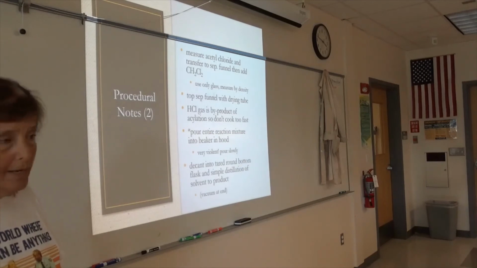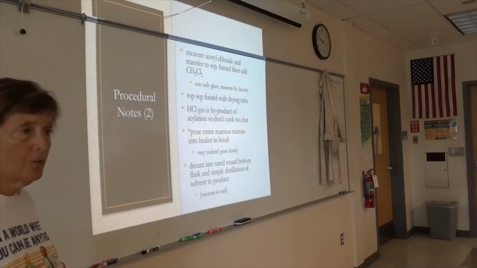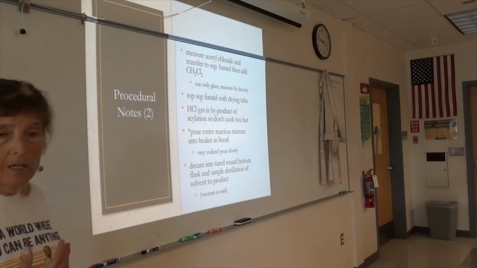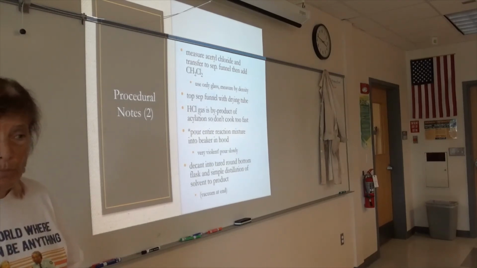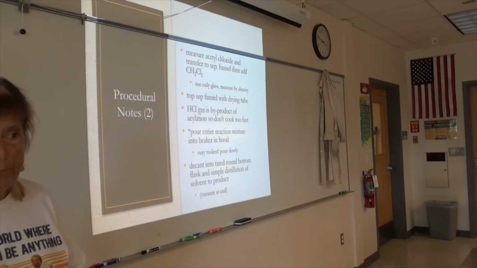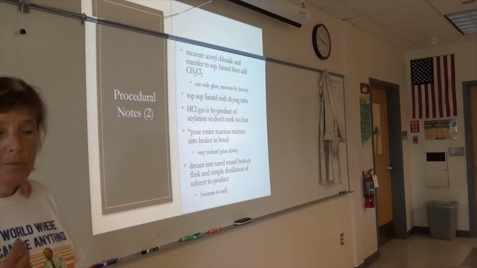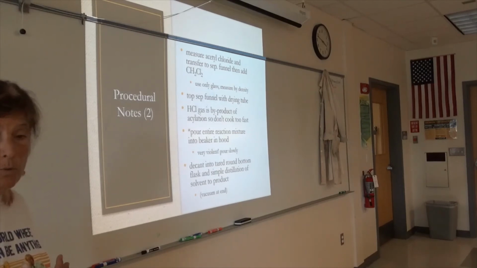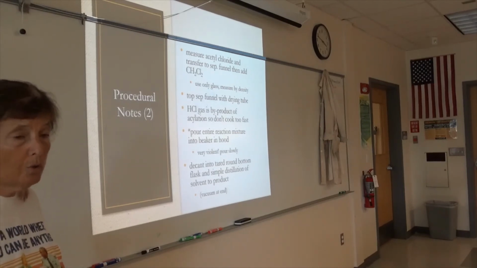When you're ready to that point, you want to decant into a round bottom that you know the mass of, and do a simple distillation to remove the dichloromethane, which means your product, which has a higher boiling point than the dichloromethane, is remaining in the source flask. Don't cook it too hard.